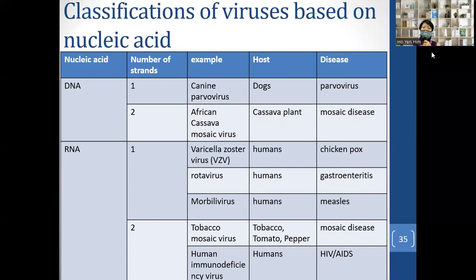The one you want to memorize is the last one, the easiest one, which you learned before, right? Human immunodeficiency virus, HIV. HIV carries two strands of RNA. It infects humans, it causes HIV/AIDS. This one you memorize, the rest no need to memorize.